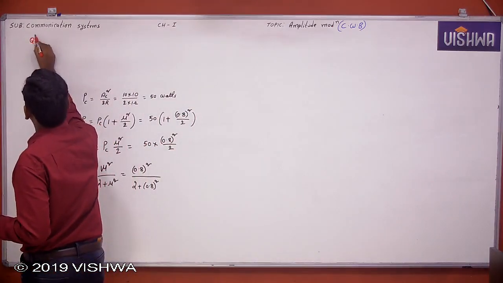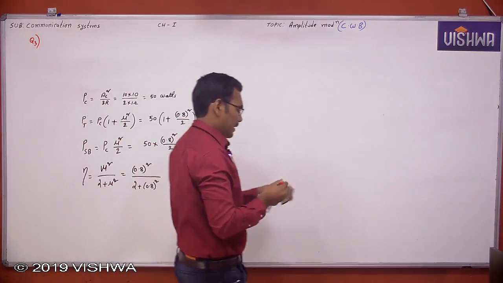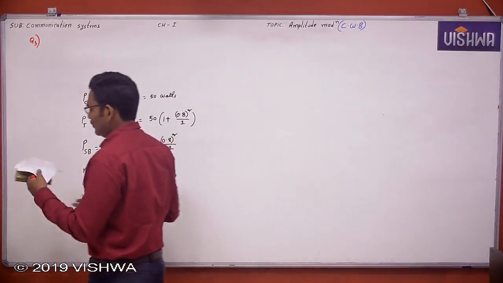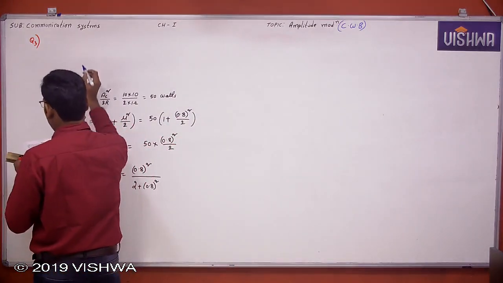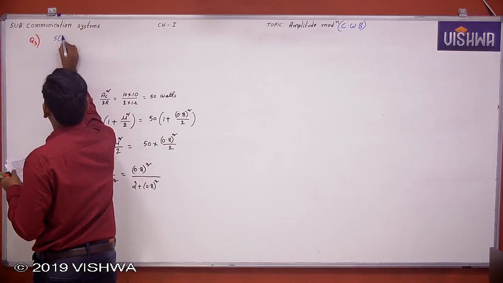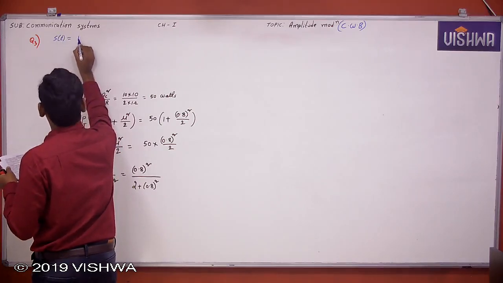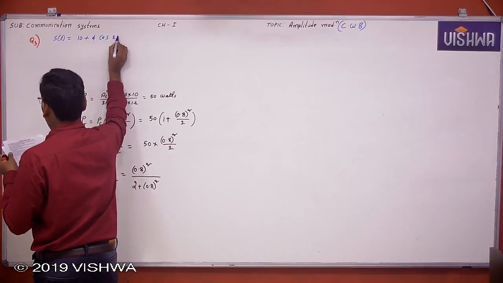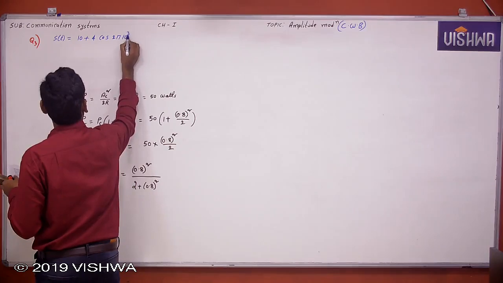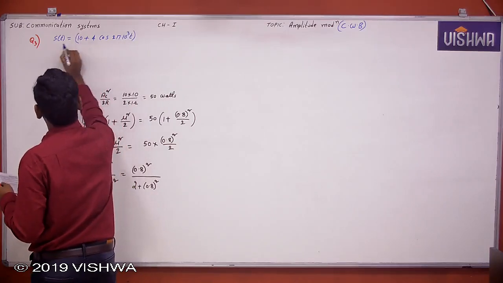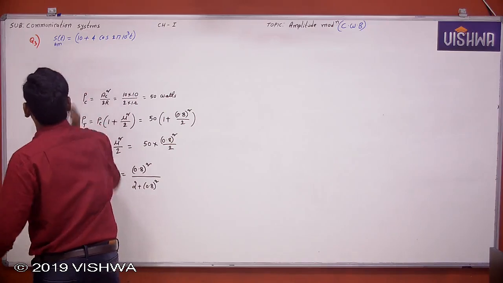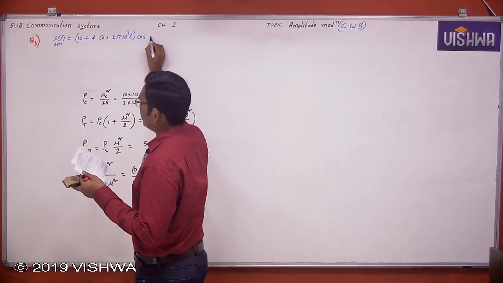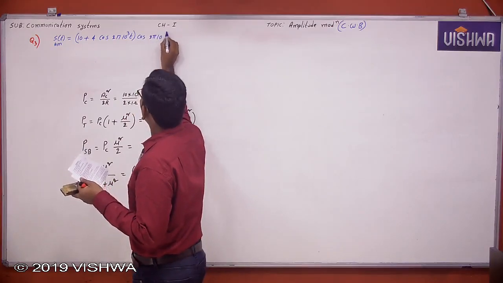Now this is question number 3. Question number 3 is an AM signal represented in time domain as s of t equal to 10 plus 4 cos 2 pi into 10 power 3 into t, into cos 2 pi into 10 power 6 into t.